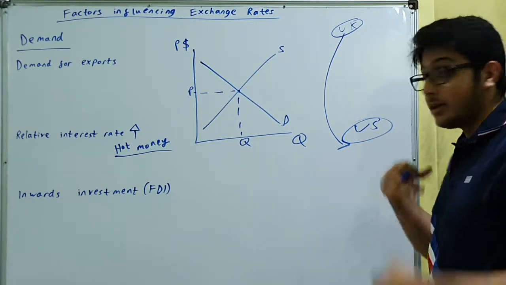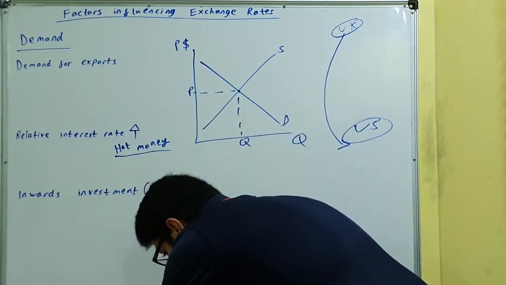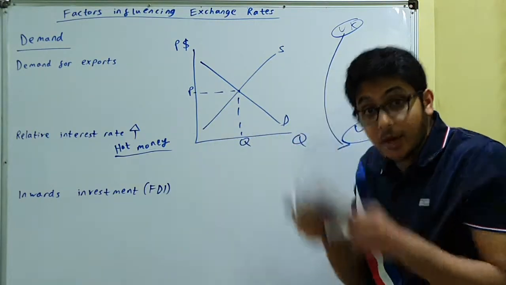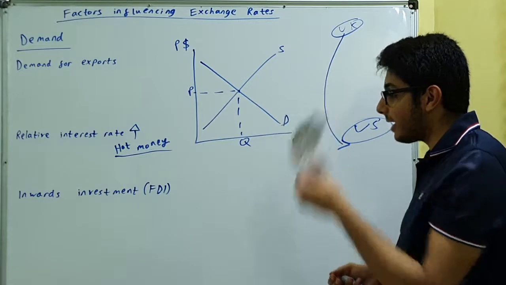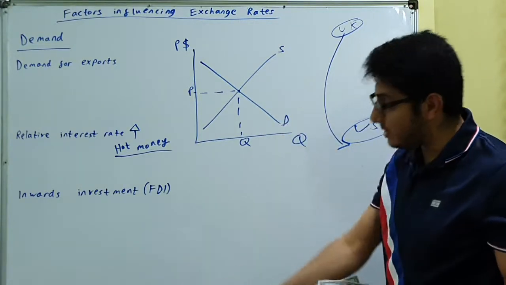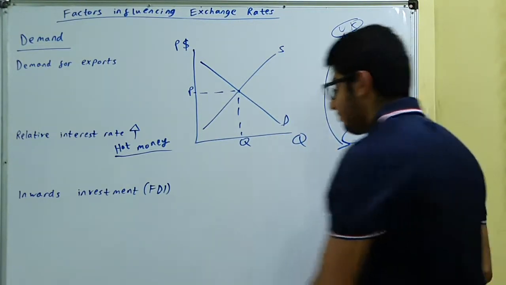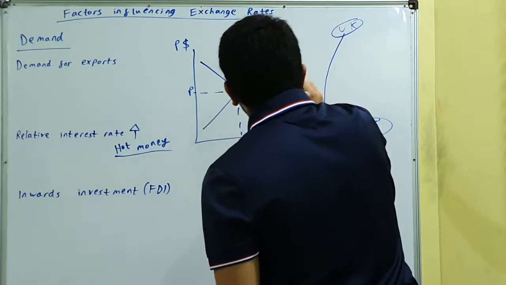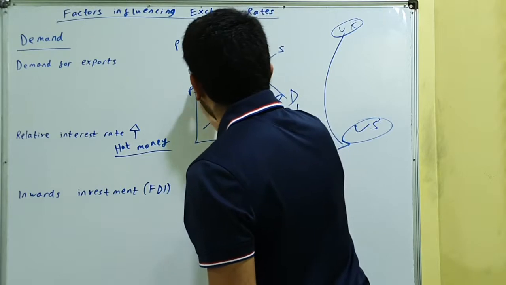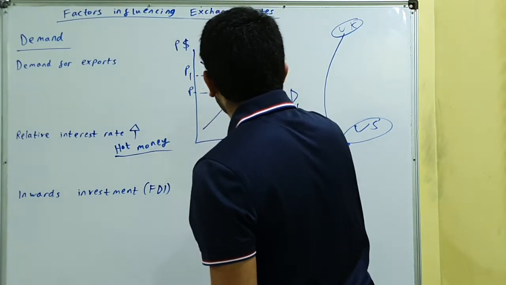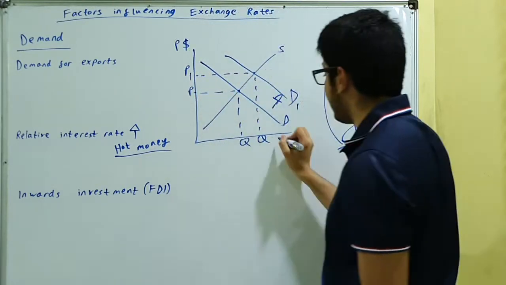So they're going to need dollars. Give me them dollars. They need dollars, so the demand for the dollar increases as inwards investment increases. Demand for the dollar goes up. The dollar appreciates in value.